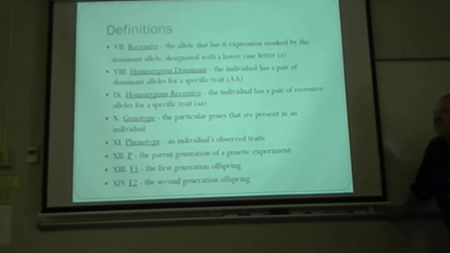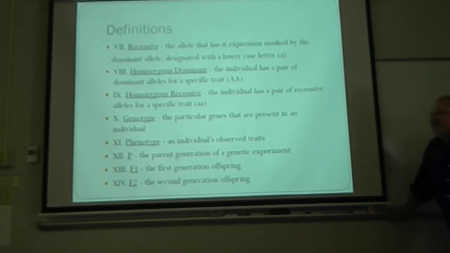When we take a look at these cross-fertilizing tests, we use some abbreviations for the parent generation. The parent generation in a genetic experiment is called the P generation. The first generation of offspring is F1, which stands for first filial generation.